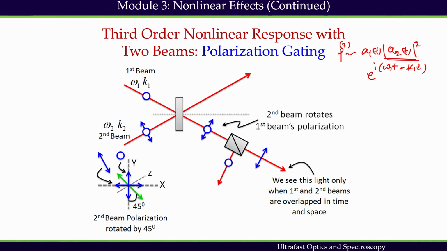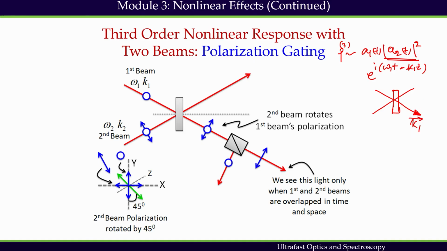Polarization gating involves two input beams propagating in non-collinear geometry. One beam's polarization is rotated at 45 degrees to the other. That's the configuration we take. In two beam coupling, the new beam which is created is going to travel along the same direction as the input beam, this K1 input direction.